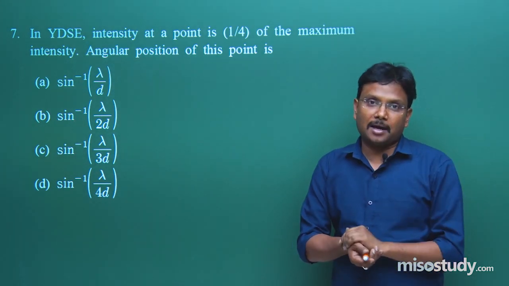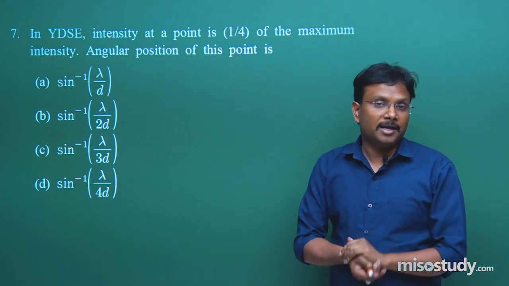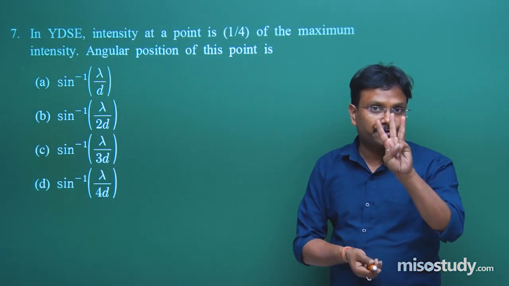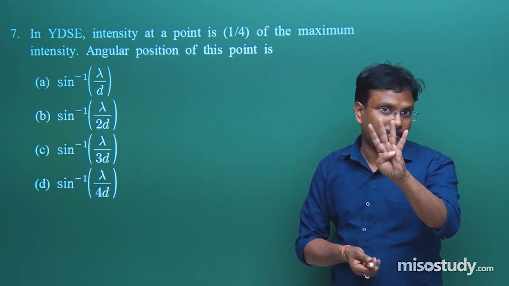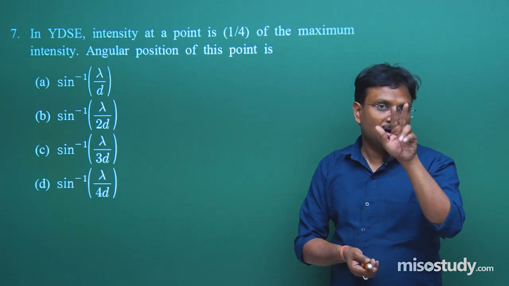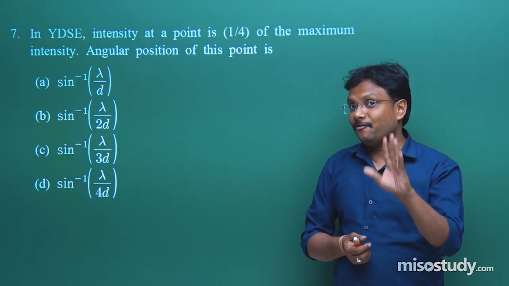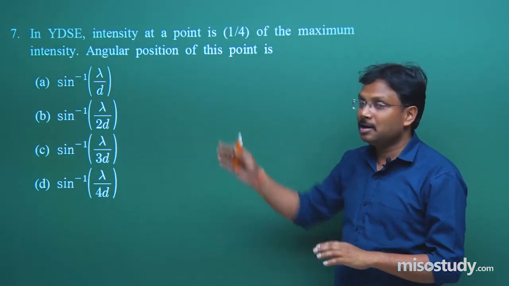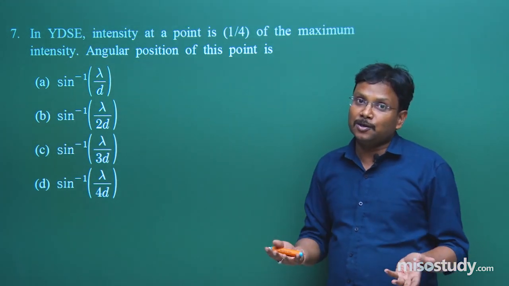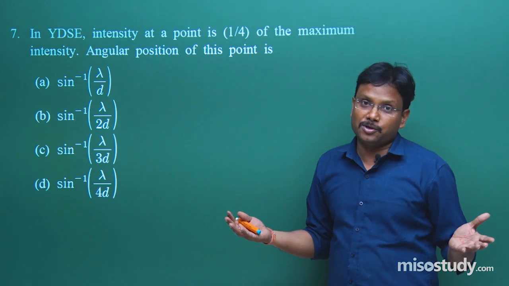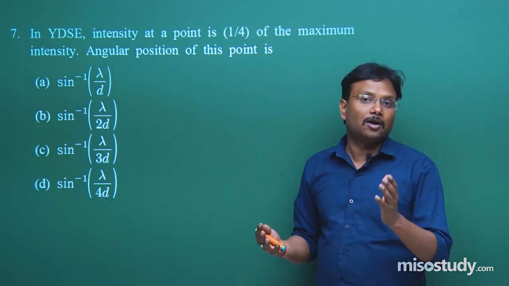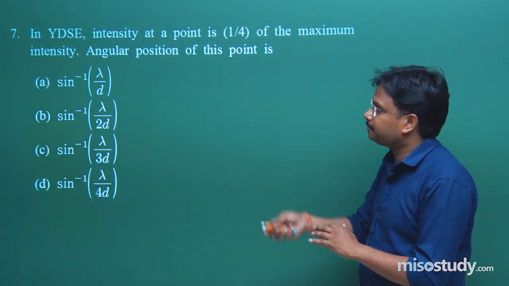Just a few days back there was the NEET entrance exam, and there were 4 questions from optics: 1 on polarization, 1 on Young's double slit experiment, and 2 from ray optics. So imagine the situation. Whatever I am telling you again and again, if you are regularly watching Misostudy videos, definitely you will get a lot of benefit from that.